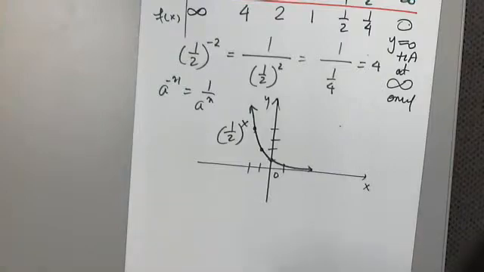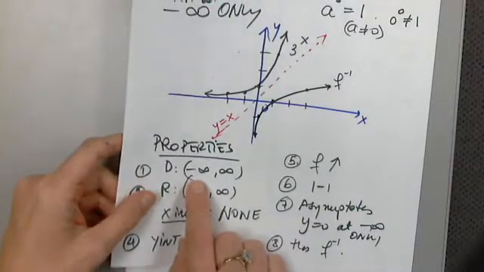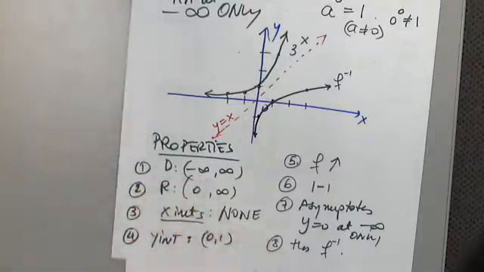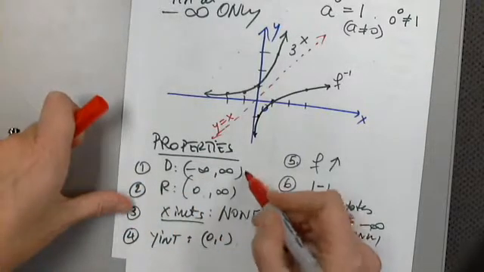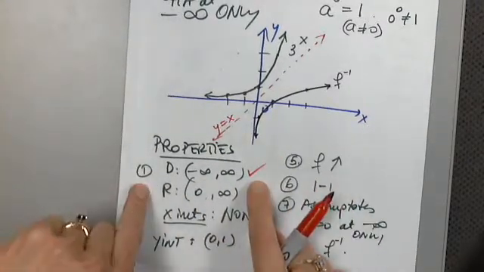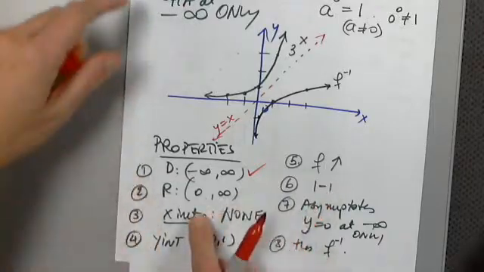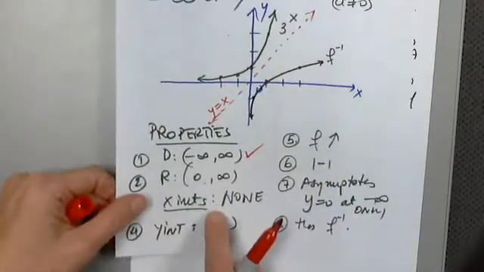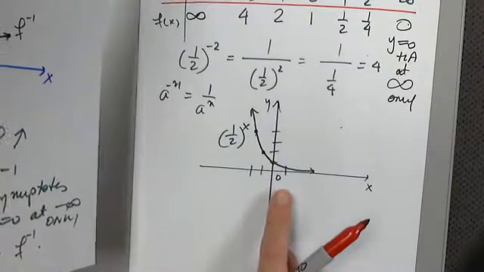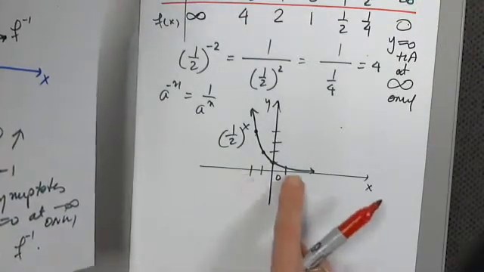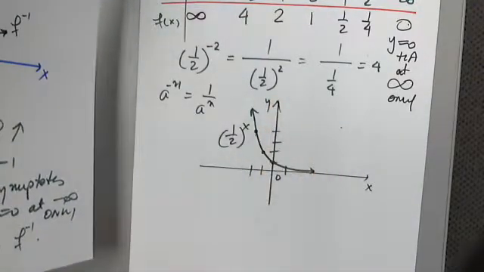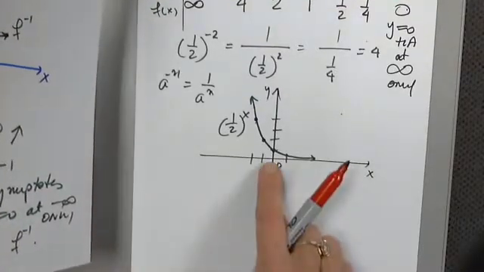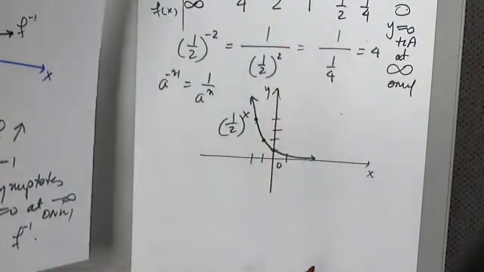So, let's go through the properties. Is the domain all real numbers? I'm going to go back to my list and I'm just going to check, and this will be for the base less than 1. Is the range still 0 to infinity? The range on the y-axis.